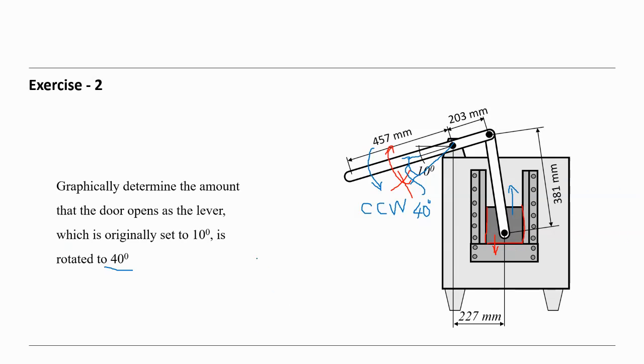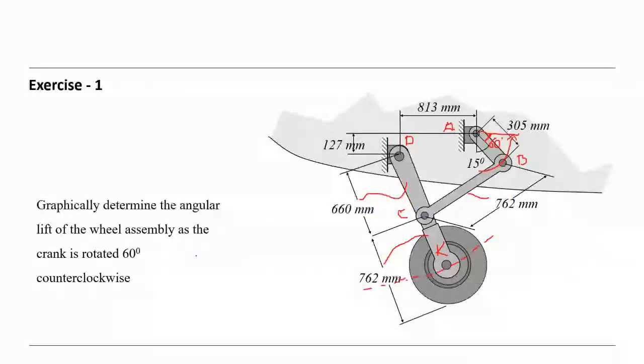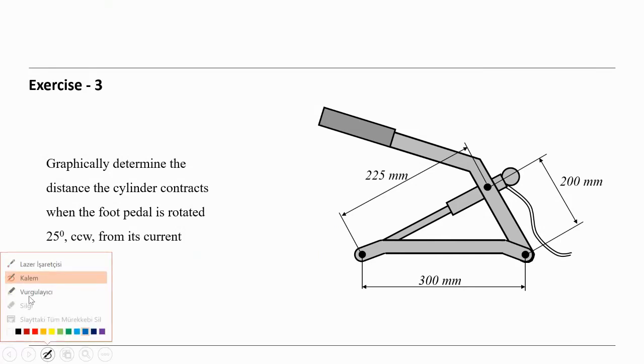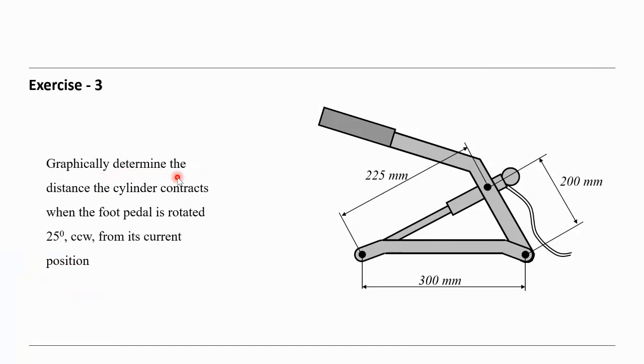So also you have to do that as homework. You have to draw it in the first one and the second one. Okay, then we have the third one. In the third exercise, what is it saying? It's saying: graphically determine the distance the cylinder contracts.